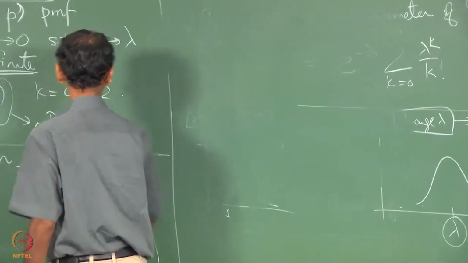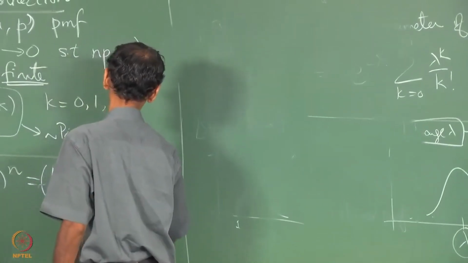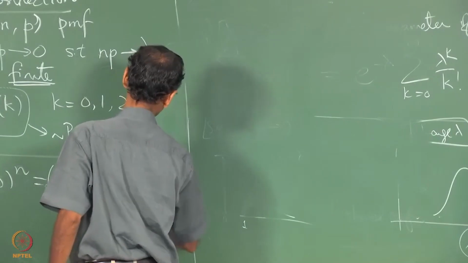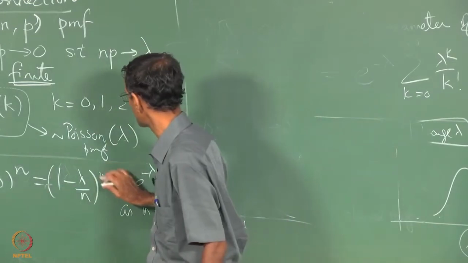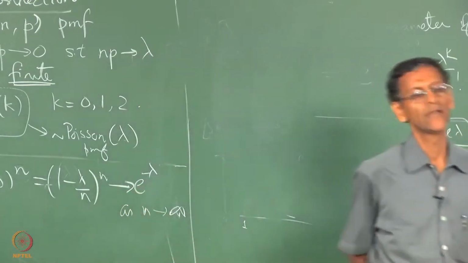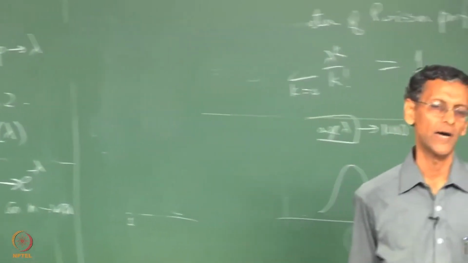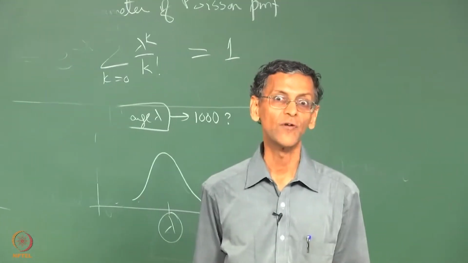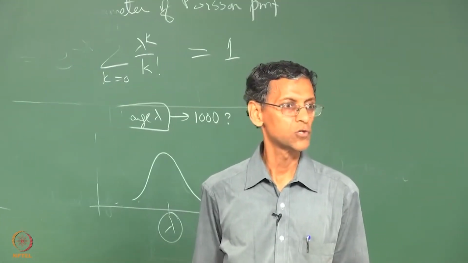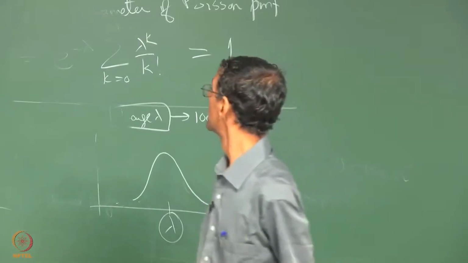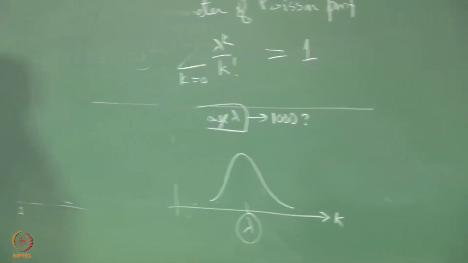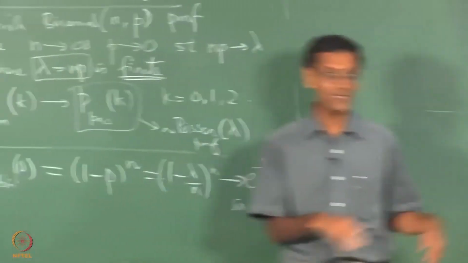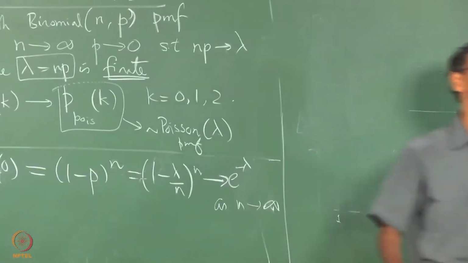So 1 minus lambda by n whole power n is basically why you get this convergence, and then you can show the convergence for all other k also. The n goes away, the p goes away, all you're left with is lambda.